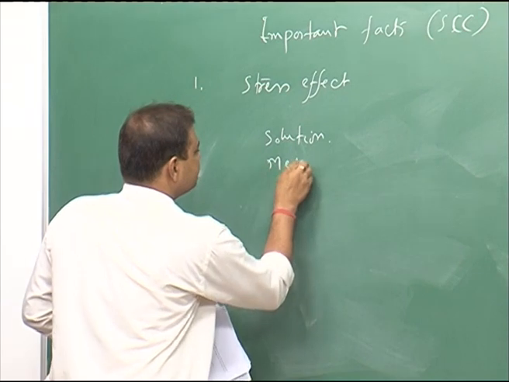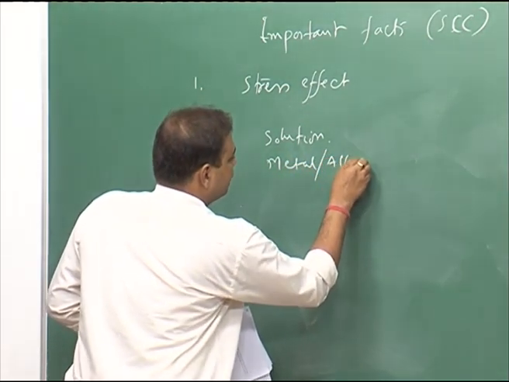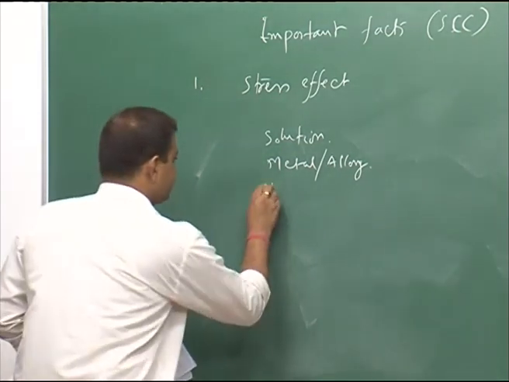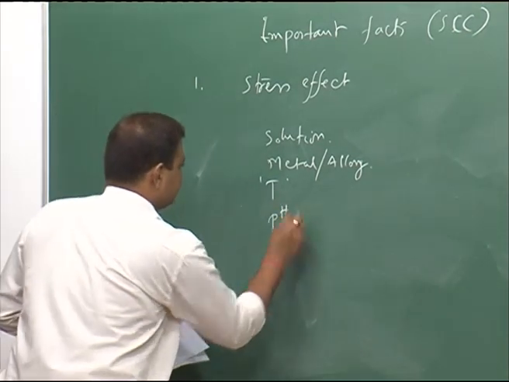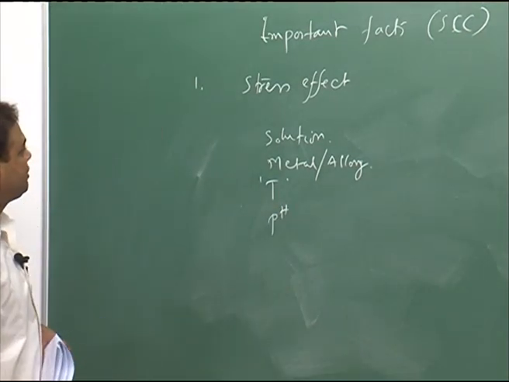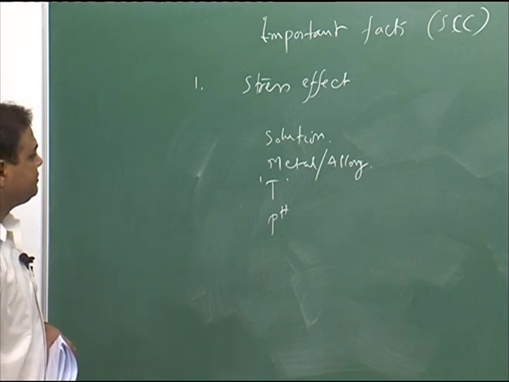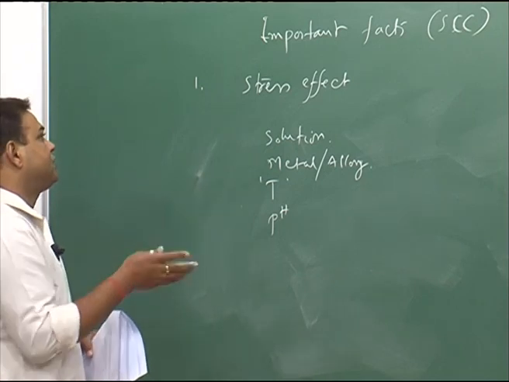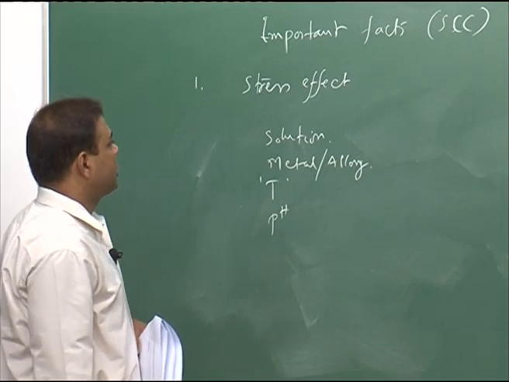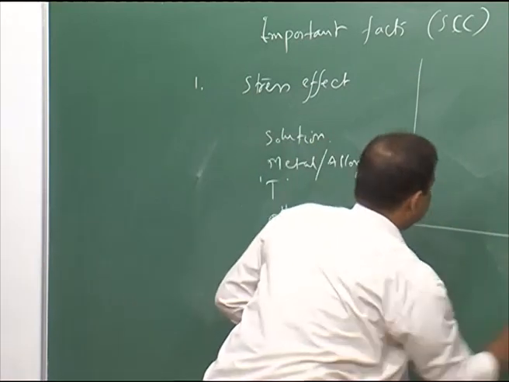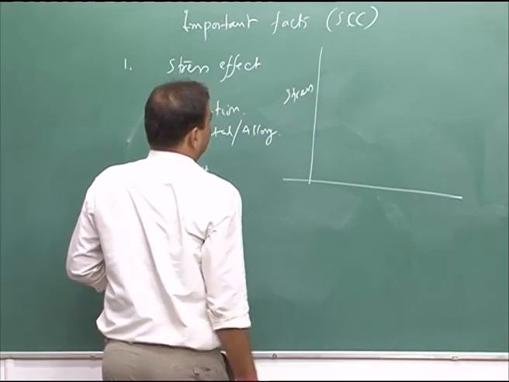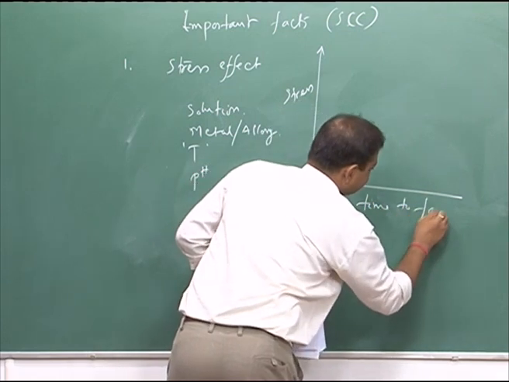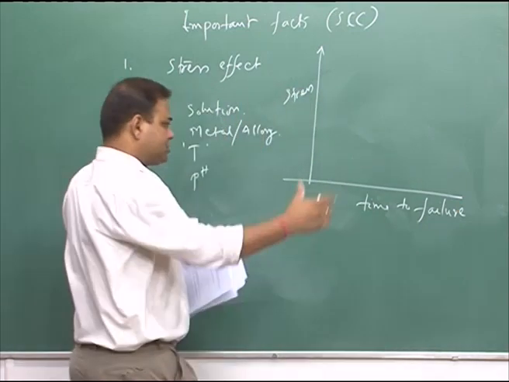Then you have the metal or alloy nature, also temperature and pH, all can affect the amount of stress that is needed to avoid SCC, that is, the minimum stress where the stress corrosion cracking phenomenon cannot be observed in that particular metal or alloy. Now, let us say we plot stress on the y axis and time to failure on the x axis, the total time taken.